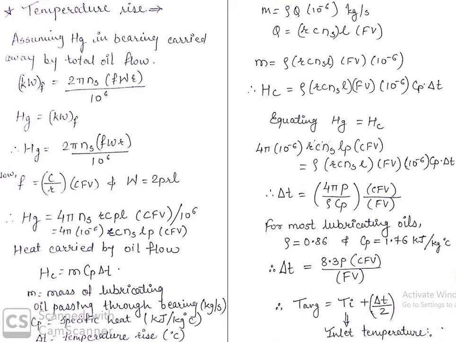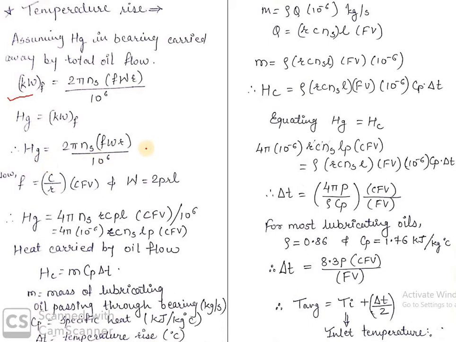We are assuming that whatever heat is generated in the bearing is carried away by the total oil flow. Whatever oil is flowing through the bearing carries the generated heat. Now we have the formula of frictional power in kilowatt. So this is the formula. Now the heat generated will be equal to this frictional power.